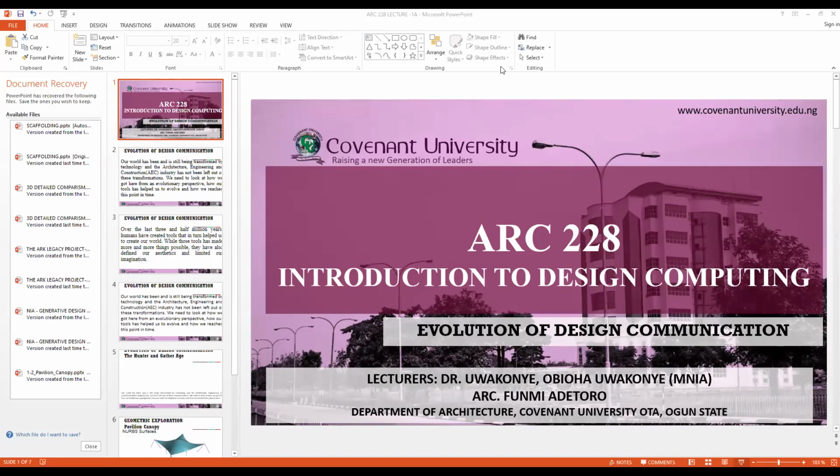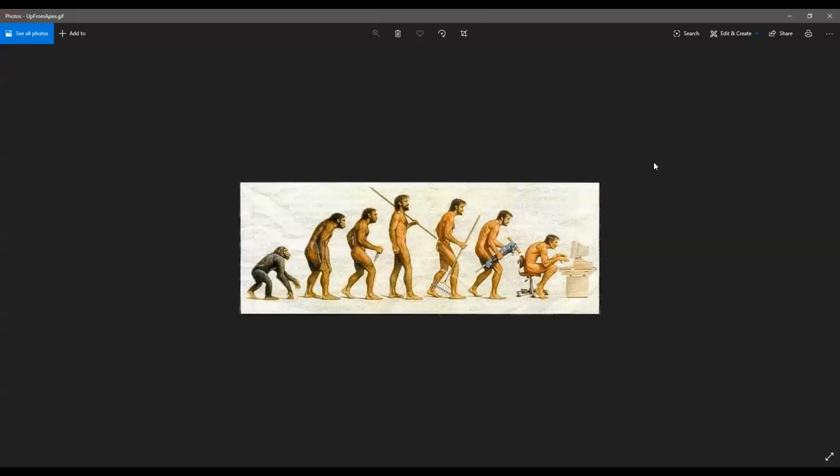I'm not of the opinion that human beings evolved through the evolution theorized by Darwin. But I want to just use this to be able to explain some things to us.